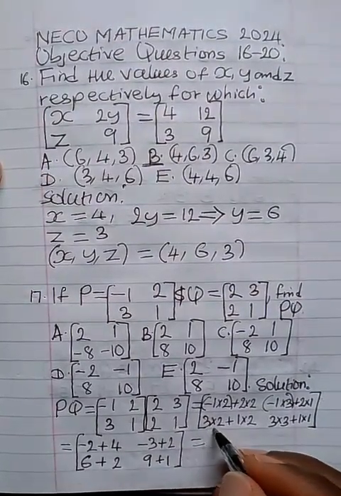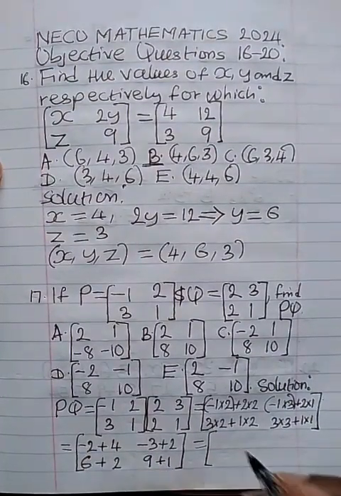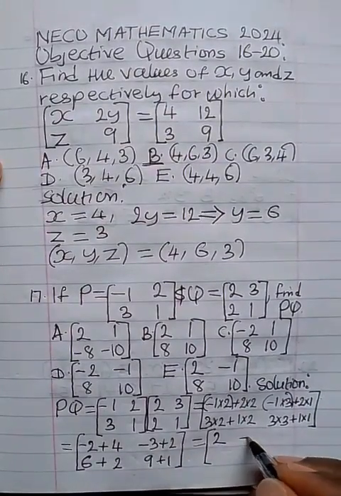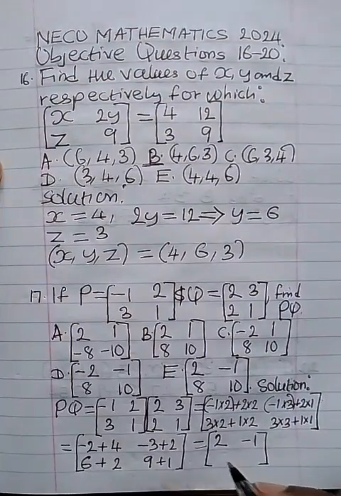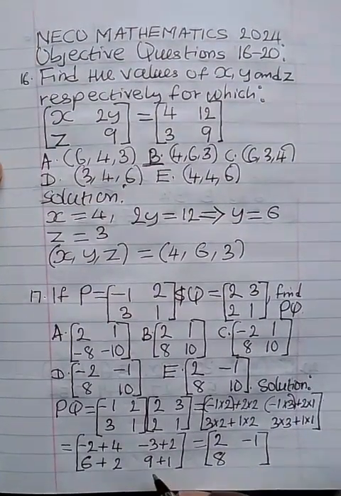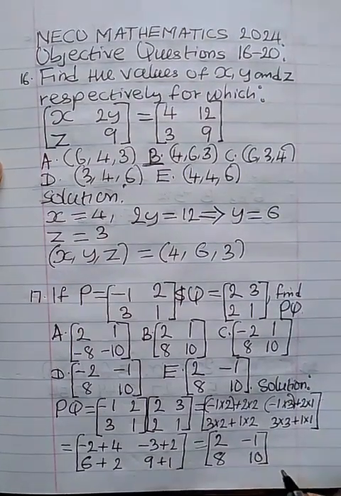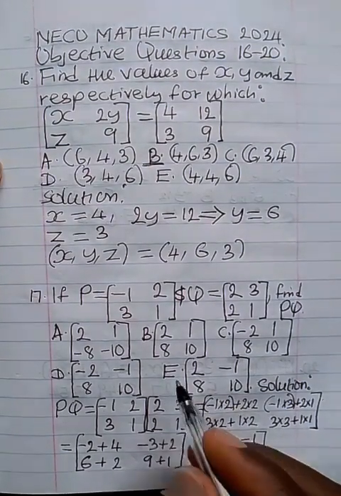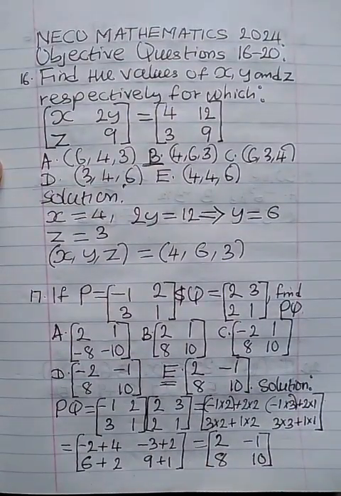After this, you simplify. Finally, minus 2 plus 4, that is 2, minus 3 plus 2, you have minus 1, 6 plus 2, that is 8, 9 plus 1, that is 10. If you check very well, the correct option is E. You have multiplied.